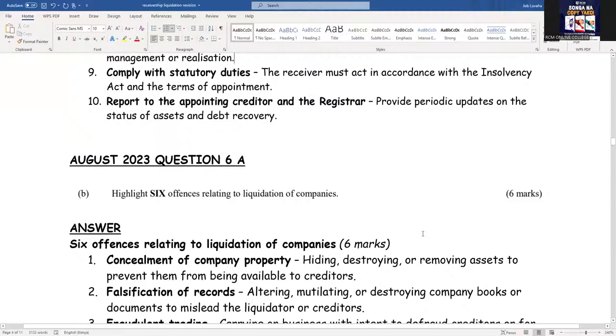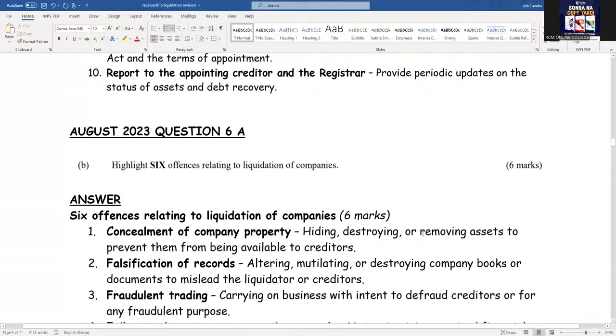If the company property is concealed or hidden, so hiding, destroying, or removing assets to prevent them from being available to creditors. Or a falsification of the company affairs, the company status.